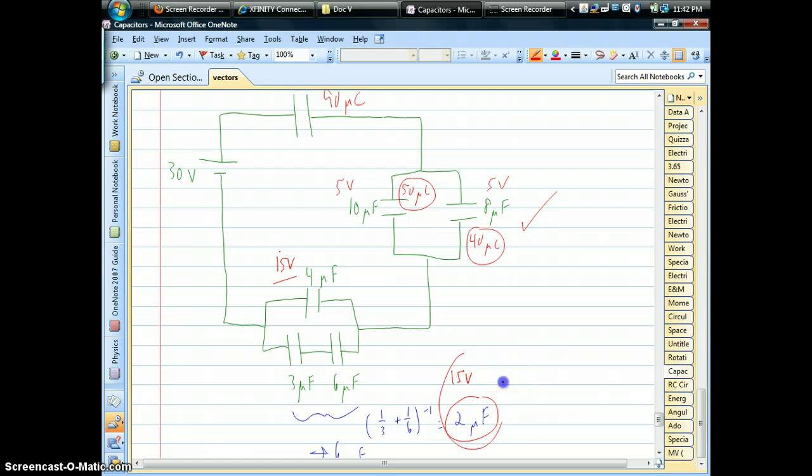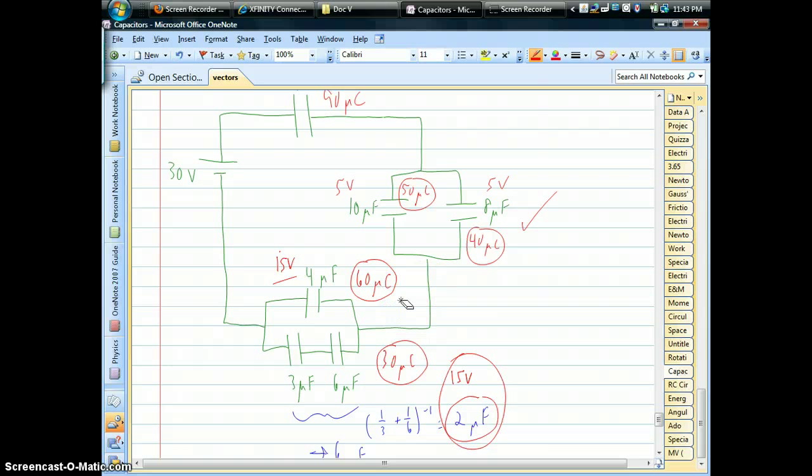So if we multiply those two together, 15 times a total of 2 microfarads is 30 microcoulombs on the bottom branch. 15 times 4 gives us 60 microcoulombs on the top branch. Those add together up to 90. That's our total. That's cool. That means that we were right.